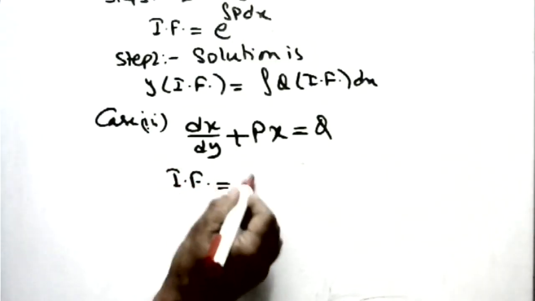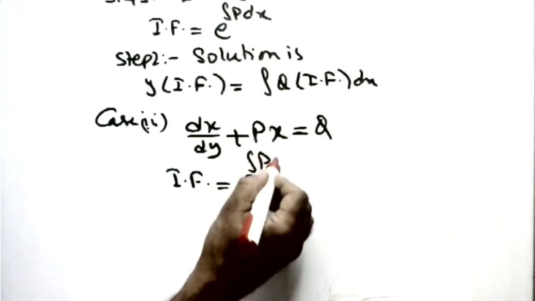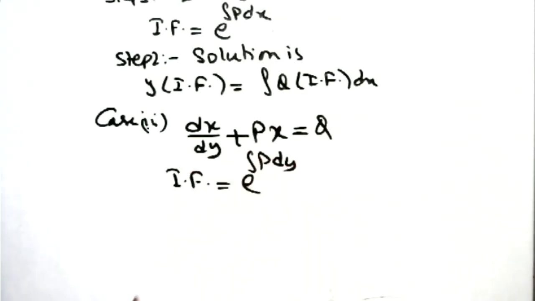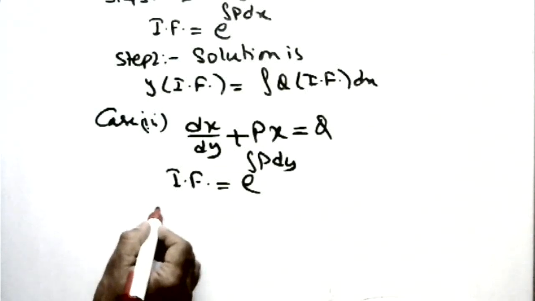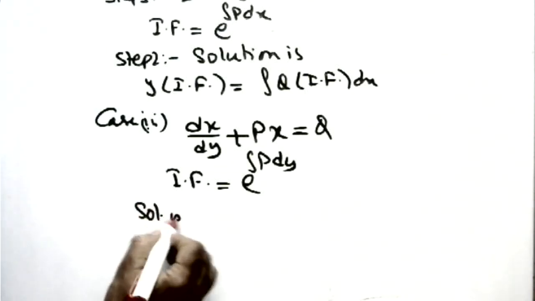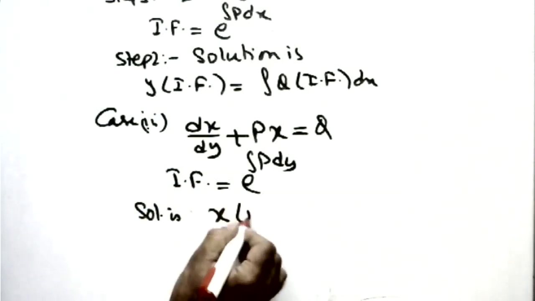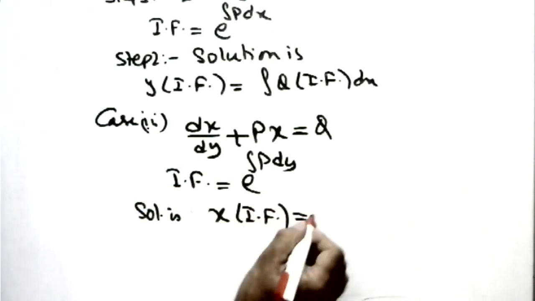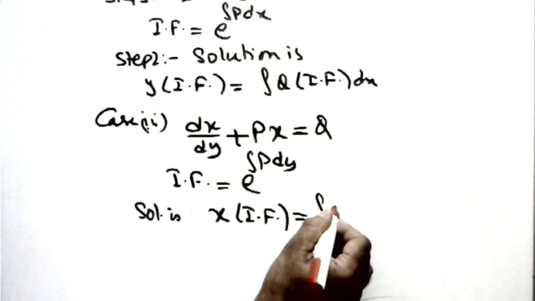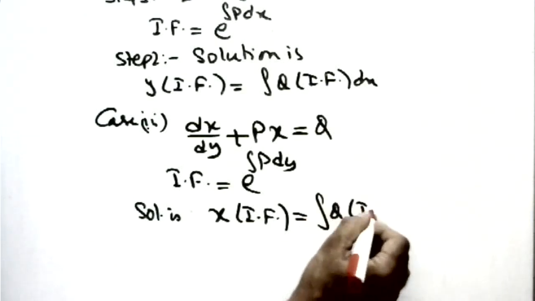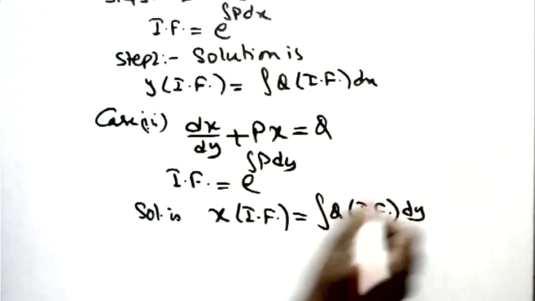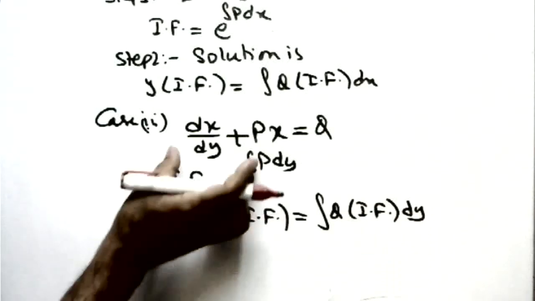Here the integral factor will be e to the power of integration p, not dx but dy. That is the first step. The second step is the solution: not y but x into integral factor equals integration of q into integral factor, not dx but dy.